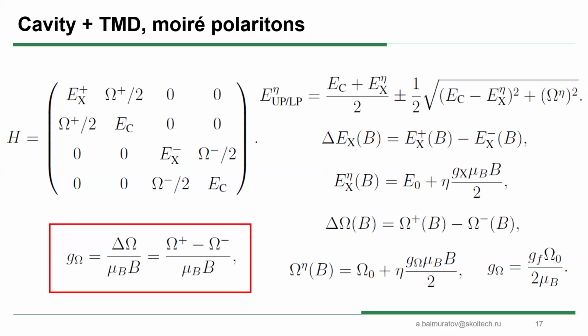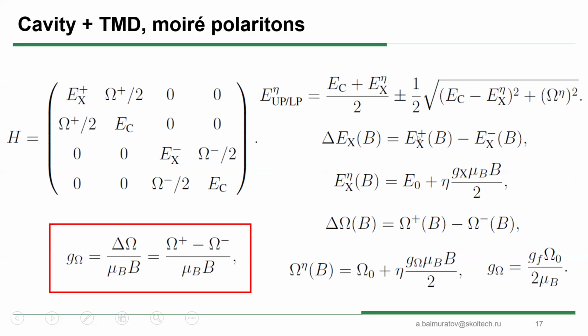We phenomenologically introduce these two, and now we can also look at the cavity, and because we change oscillator strength for sigma plus and sigma minus excitons, we also change the Rabi splitting. Here I introduce a very simple model. Yes, we have sigma plus excitons, sigma minus excitons, and we can introduce two branches.